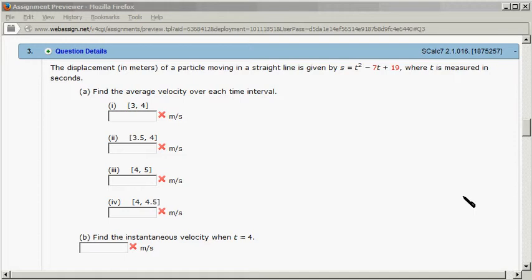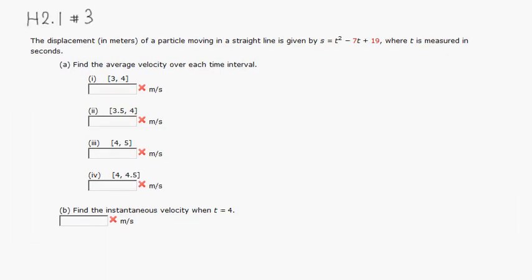So if you want to find the average velocity, all you really have to do is this. Here's the average velocity. The distance traveled would be s of 4 minus s of 3, which is the position at the beginning, at t equals 3, over 4 minus 3.